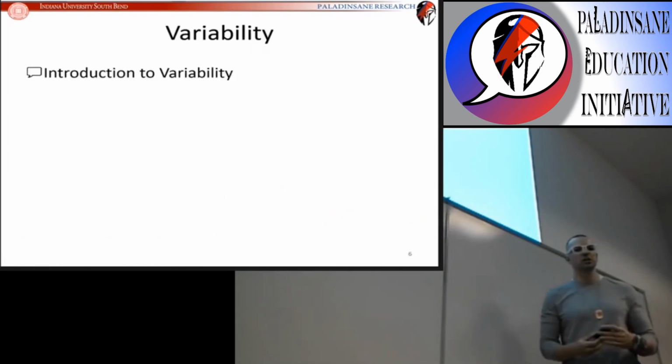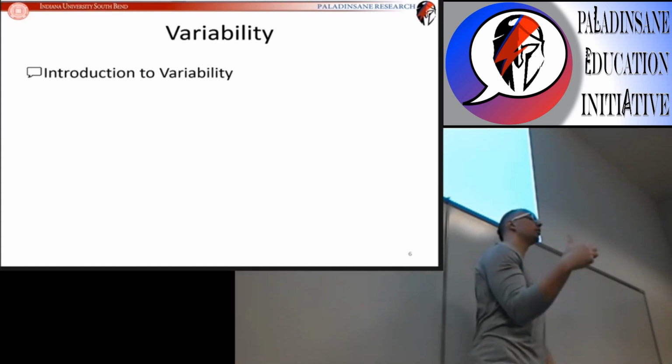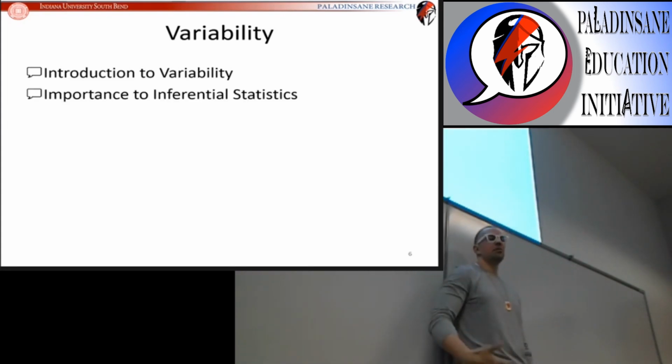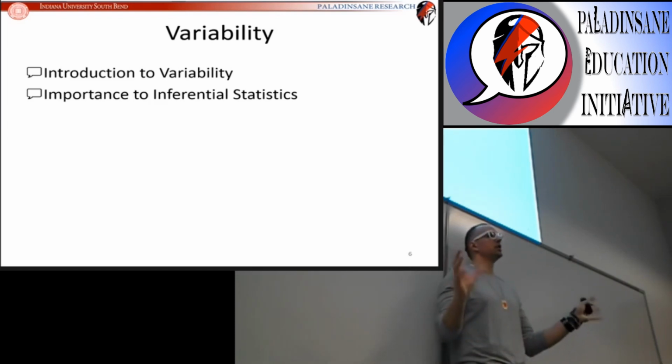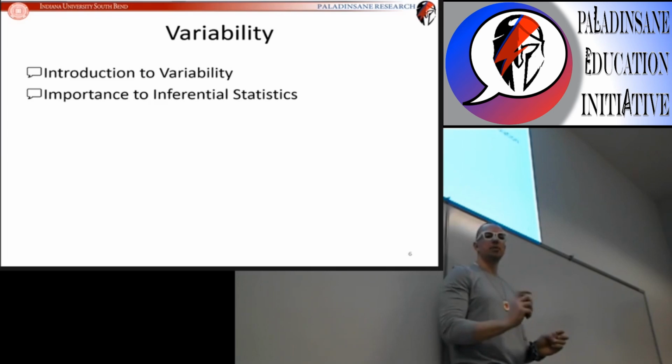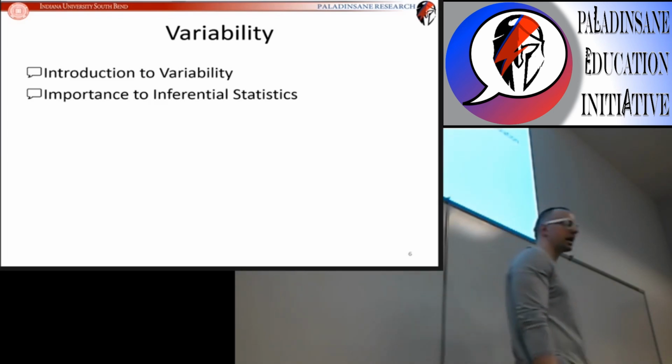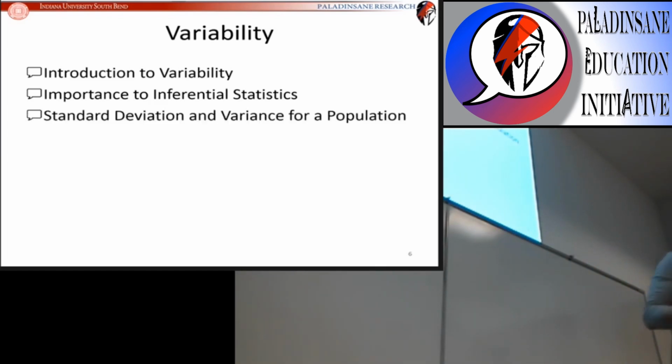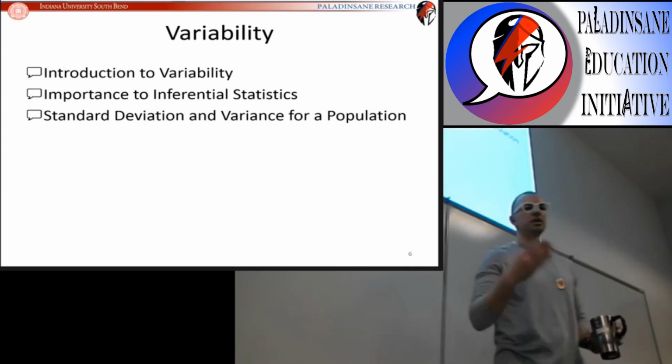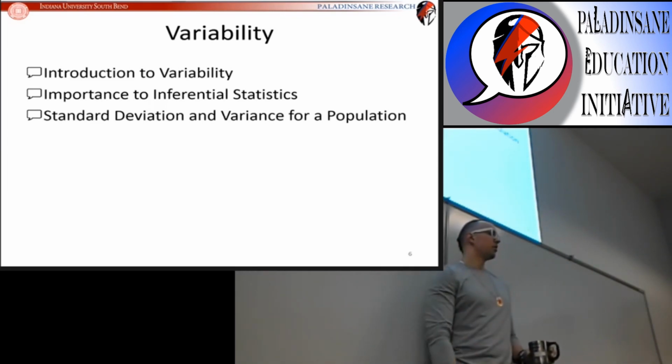So we're going to take a further look at our introduction to variability. We are then going to highlight, foreshadow, the importance of variability to inferential statistics. Inferential statistics being the latter half of this semester, the cool ninja stuff that we are going to be able to do. We're going to take a look at how to calculate the 2 major measures of variability, standard deviation and variance, for a population.